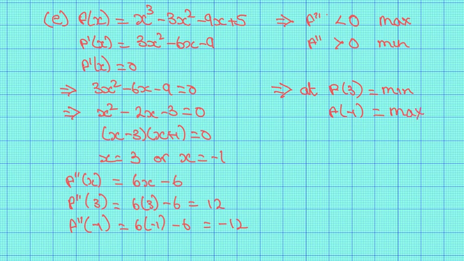We can now sketch the graph. So we've got something that looks like this. So that is at minus 1, that is at 3. And when x is 0, f of x is equal to 5.